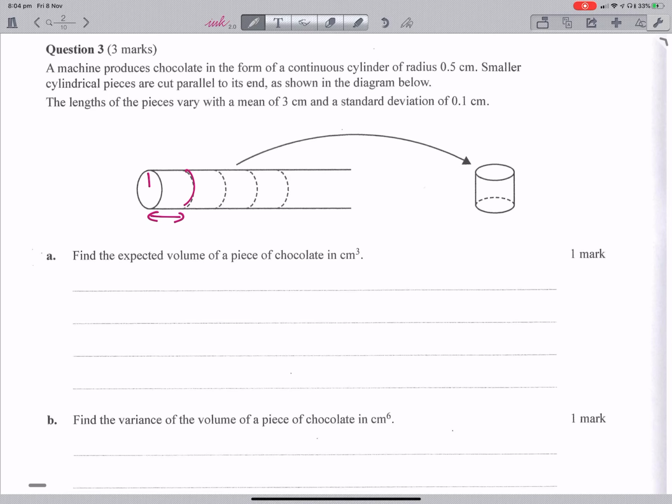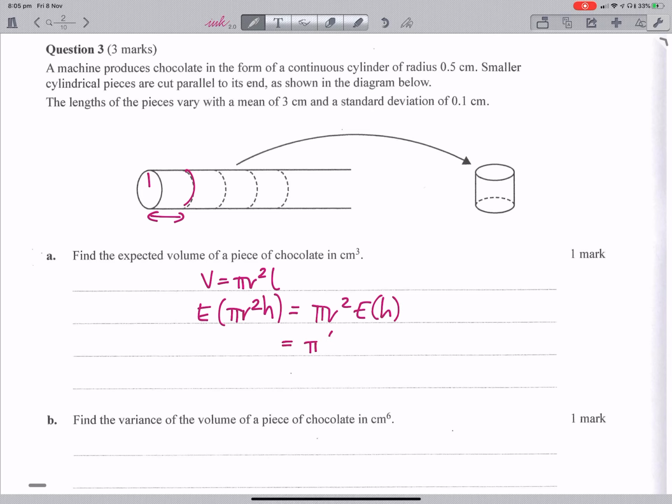So we know V equals pi r squared h, in this case L. So E of pi r squared h is equal to pi r squared times E of h.